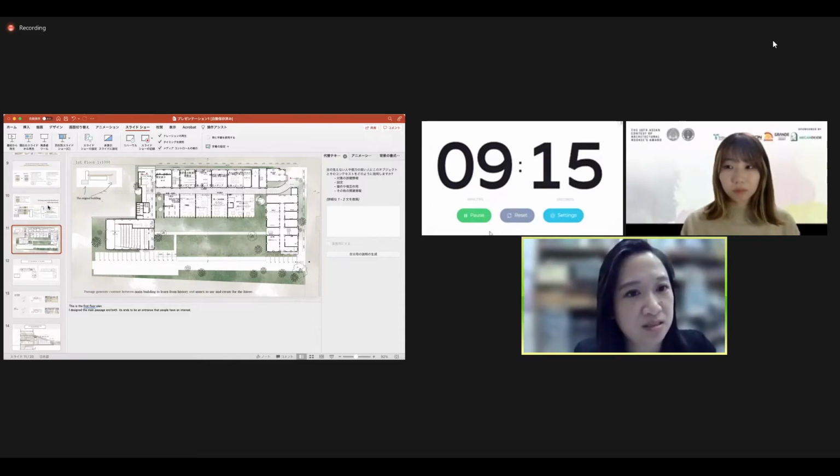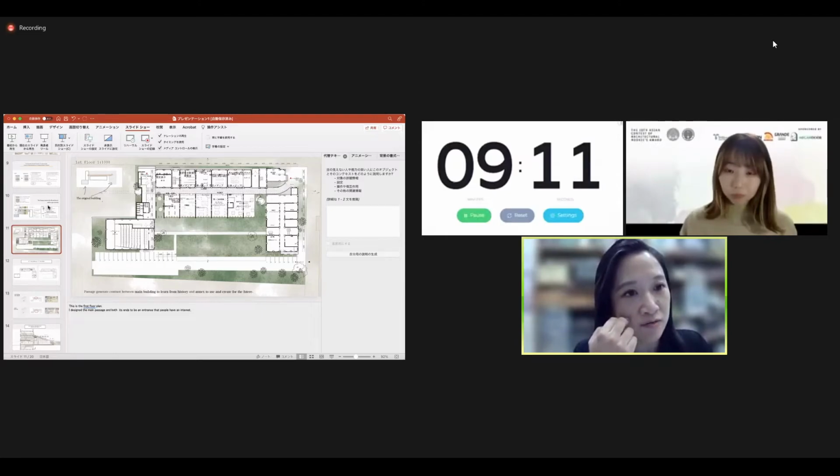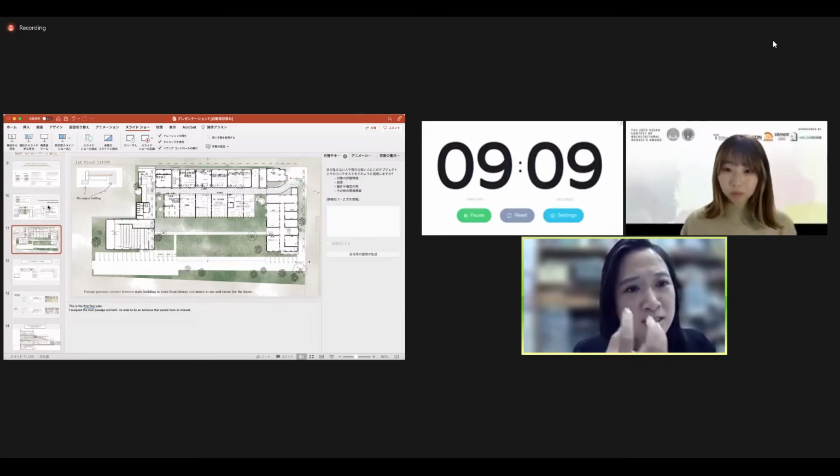And the second question is about the passageway. You think this passageway is very important to your project, and you mentioned it many times. But when I see the animation or the slides you proposed, I don't really understand the importance of this passageway.